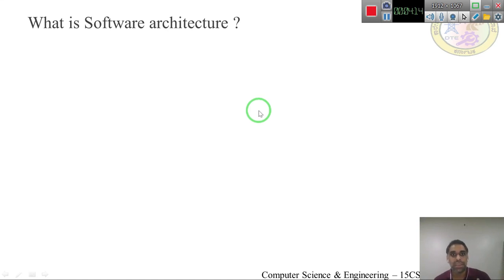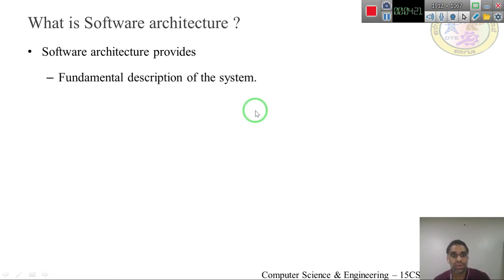Now let us see what software architecture provides. Software architecture provides a fundamental description of the system, right? It gives you the fundamental properties of the system.